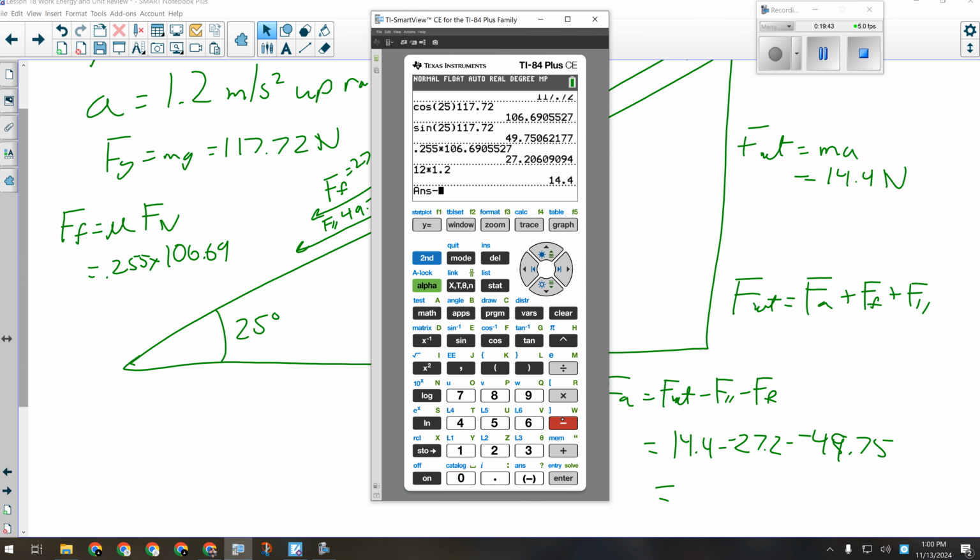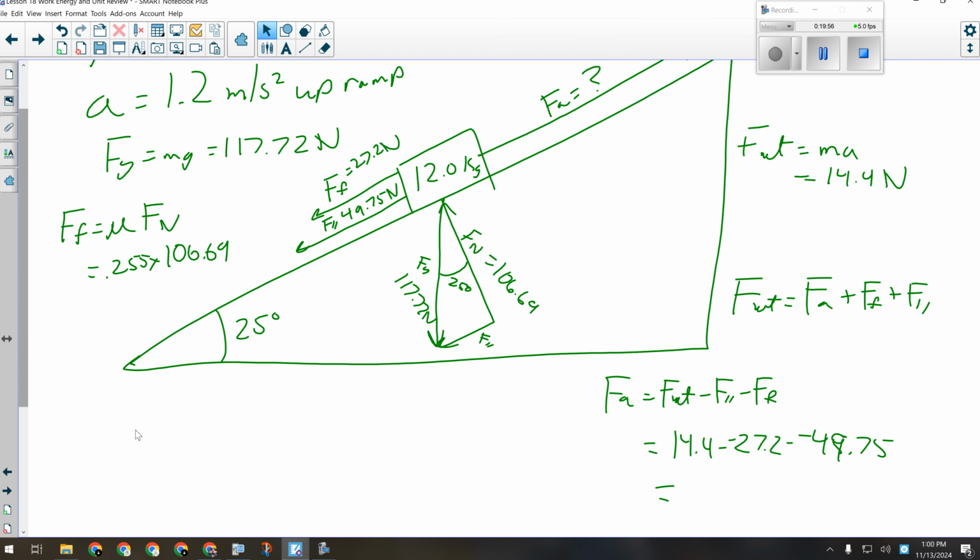So minus negative that number minus negative that number. The applied force has to be 91 newtons up the ramp.